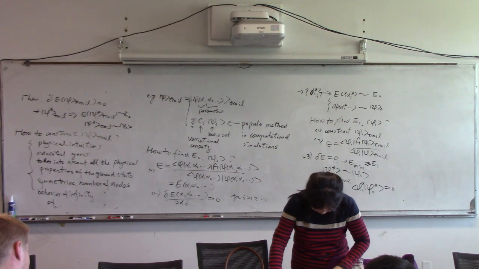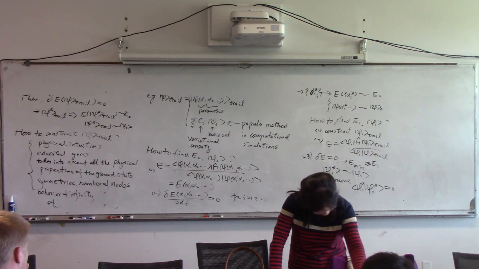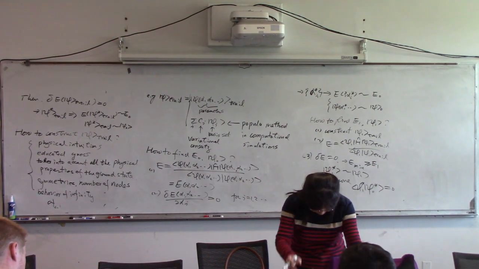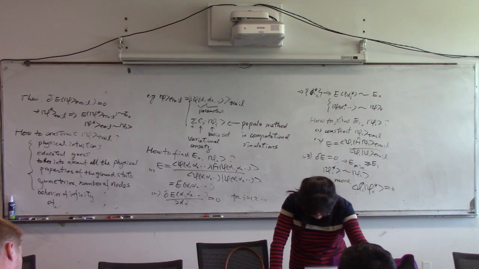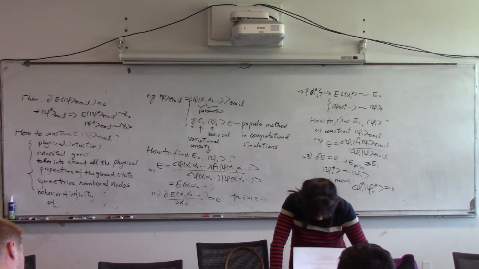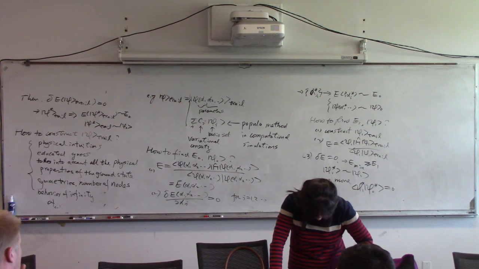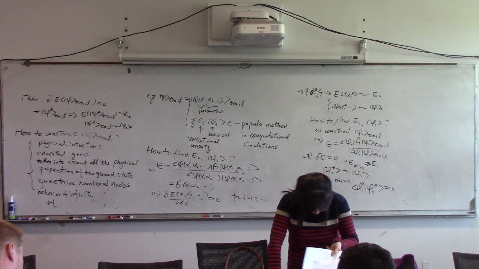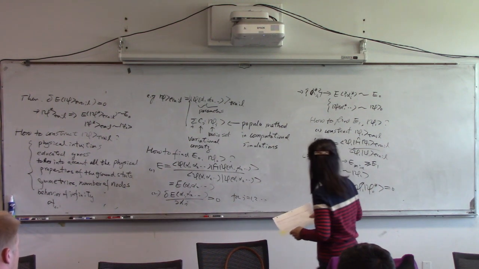Now, the textbook has a lot of examples, for example, in one dimension or the hydrogen atom. Let me go to the most important, successful application of this variational principle for the helium atom. Let's see how successful the variational principle is.